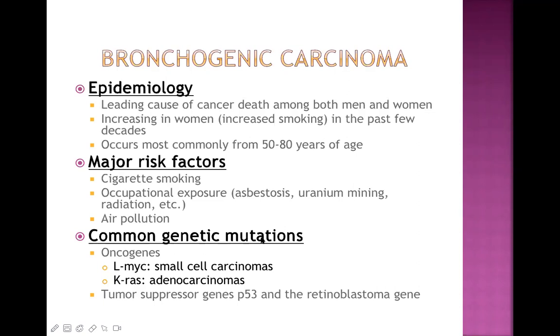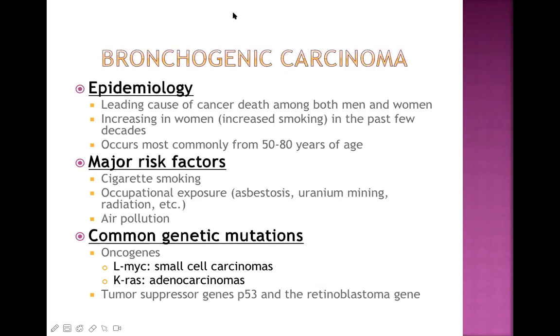Now, common genetic mutations in bronchogenic carcinoma, you have studied this already in basic oncology. There should be presence of oncogenes, as well as inactivation of tumor suppressor genes. Then only can the malignancy develop.